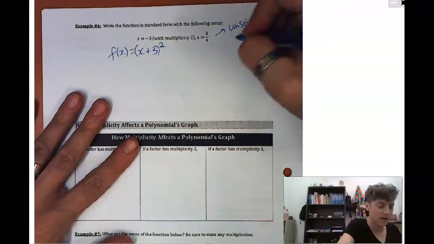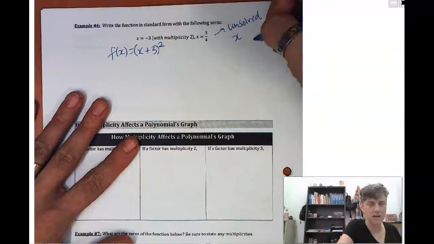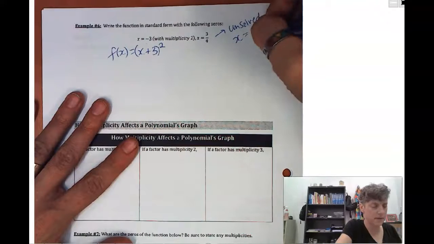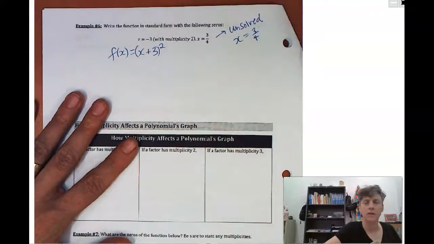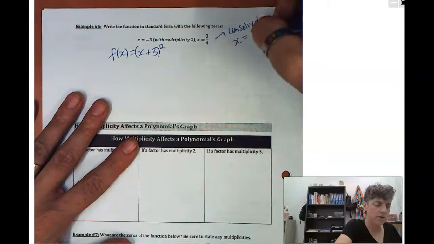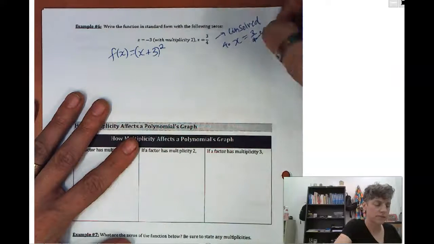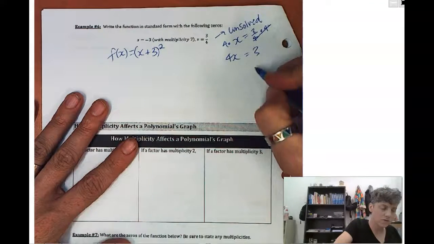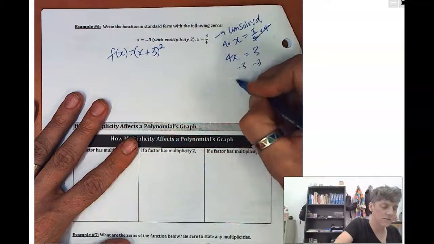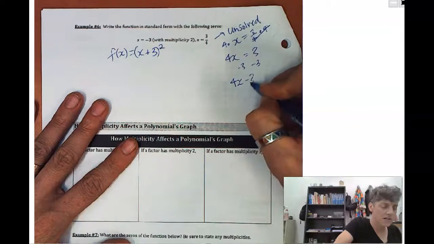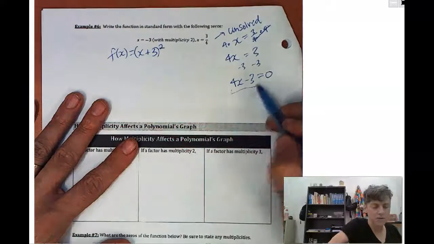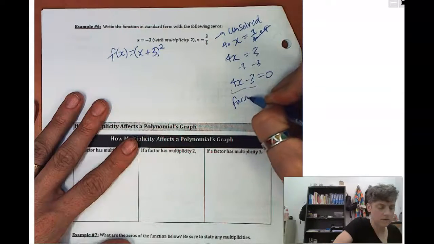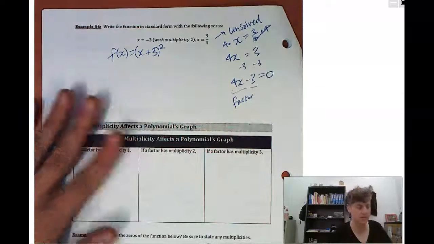So let's get this so that it's got something equal to 0. X equals 3 over 4. So if we multiply by 4 on both sides, then we get 4x equals 3, and we subtract 3 on both sides, we get 4x minus 3 equals 0, so this must be our factor that came from that 0.